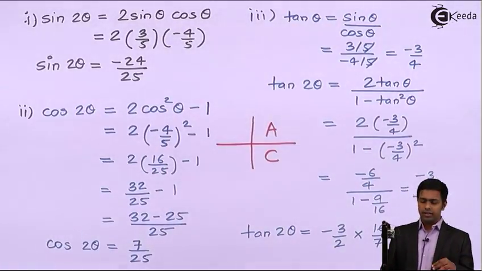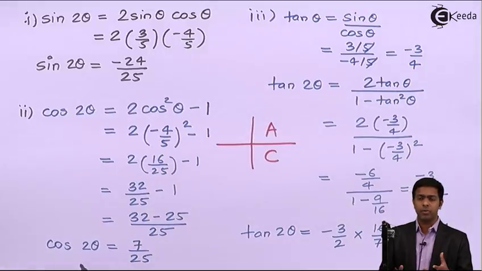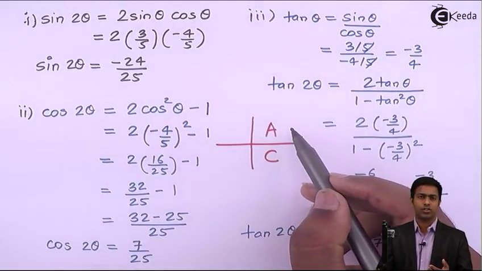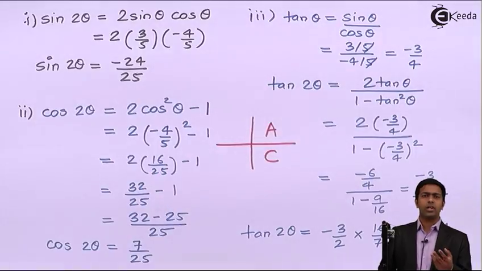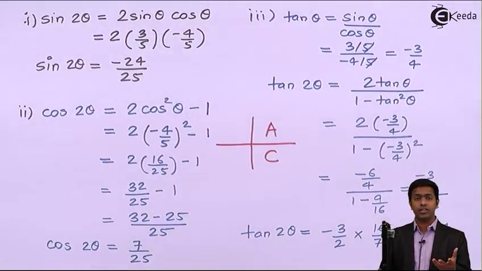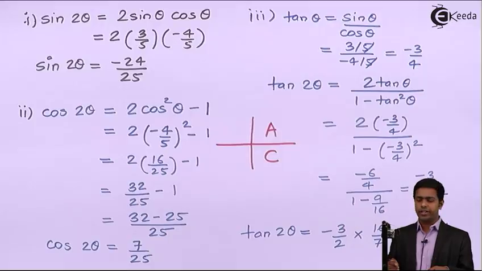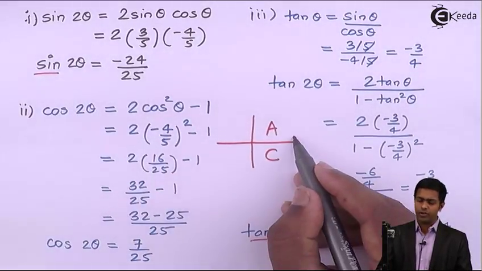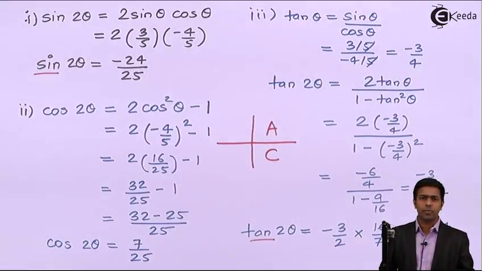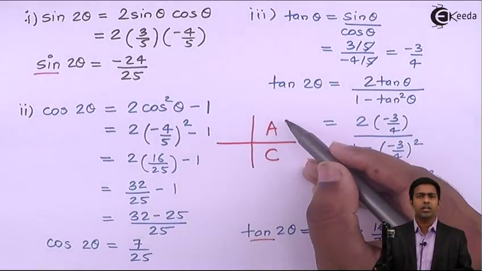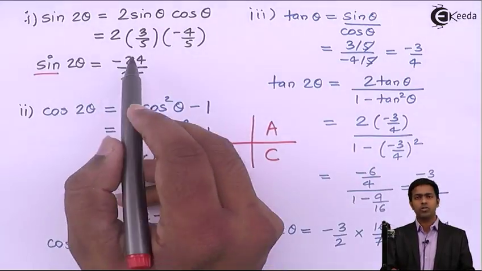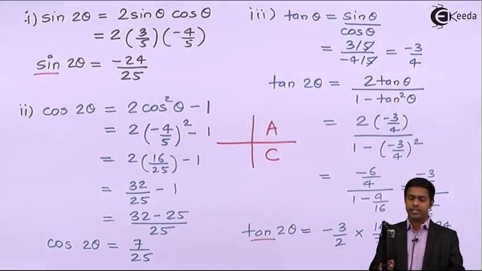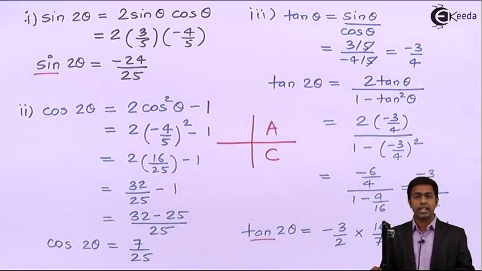It means this angle 2 theta must be in the 4th quadrant or the 1st quadrant, but it will be in one quadrant only. So what is the quadrant, 1st or 4th? And for that we will take help of sine and tan. So in the 1st quadrant we know that all trigonometric functions are positive. It means if this cos of 2 theta or this angle 2 theta is in the 1st quadrant, then it should give us sine 2 theta positive and tan 2 theta positive, but it is giving us negative values for sine and tan.